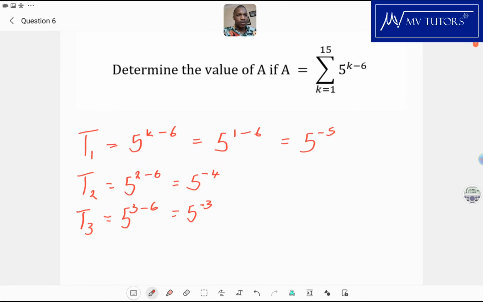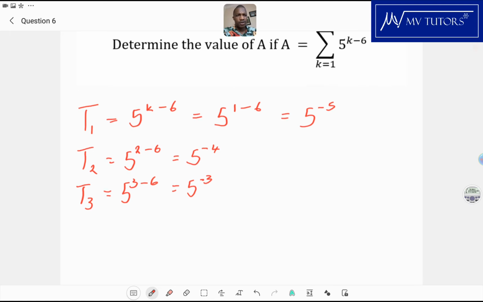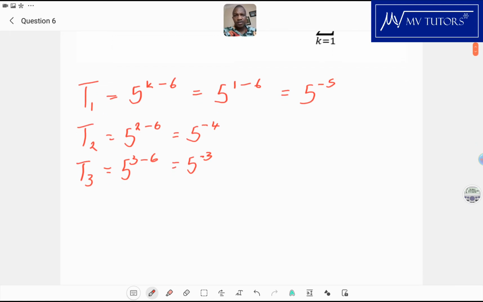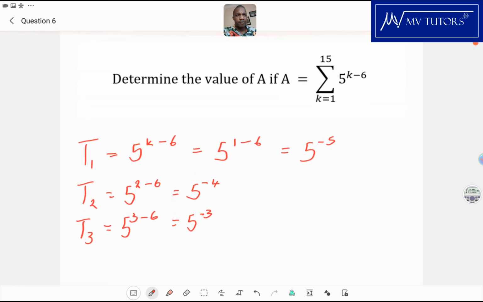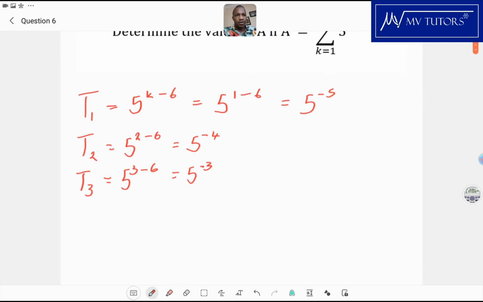is actually to get the r value, because we can see from the formula that this is a geometric sequence or a geometric series, because we're dealing with the sum. Sigma notation gives us the sum. So let's get the common ratio.